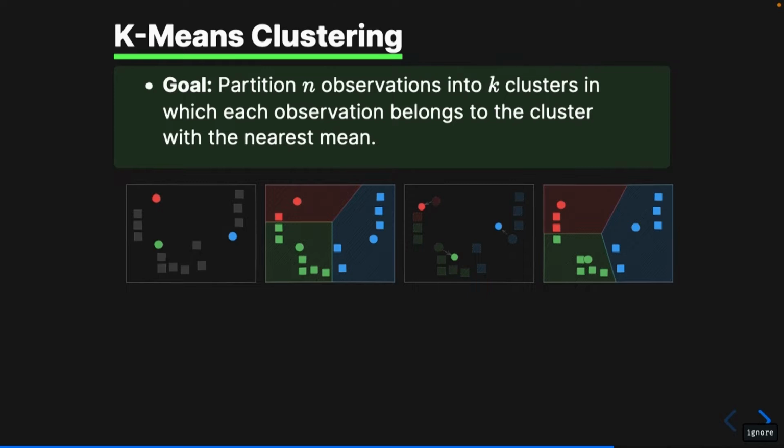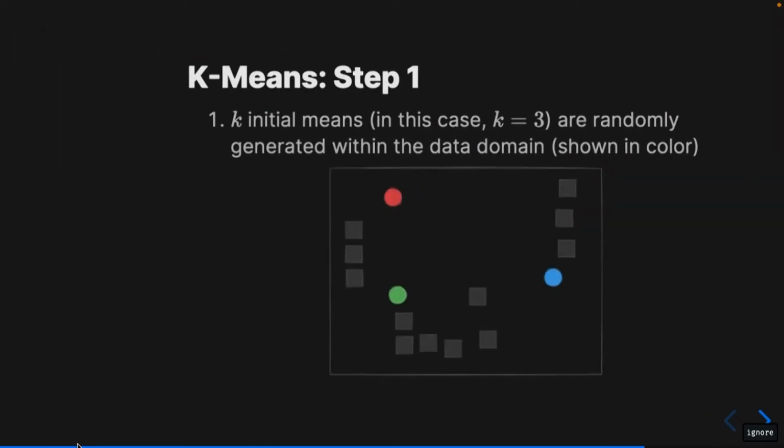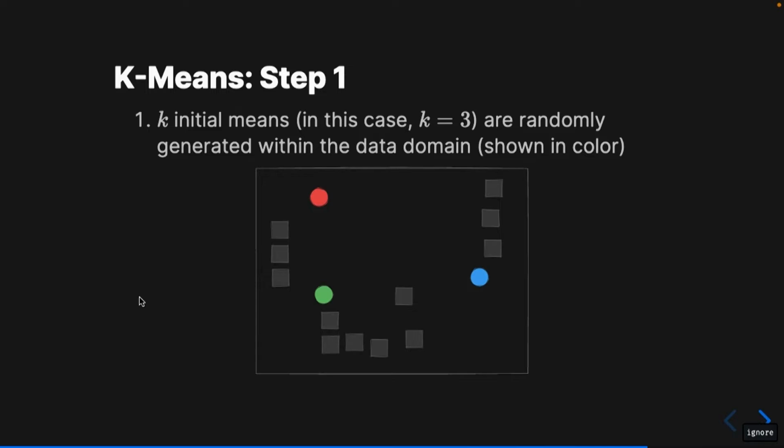In this simple example, on the left you can see we have some data points, and we begin by randomly choosing 3 points anywhere in the data set. We can then go through the process of iterating it. Step by step, starting from this initial data set, we randomly initialize 3 mean points, which are shown here in red, green, and blue.